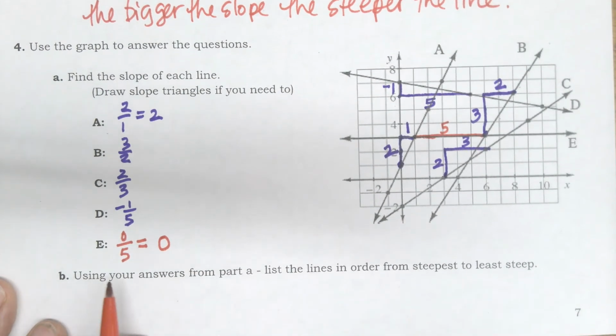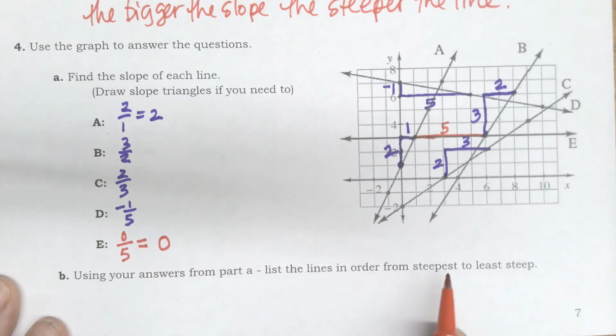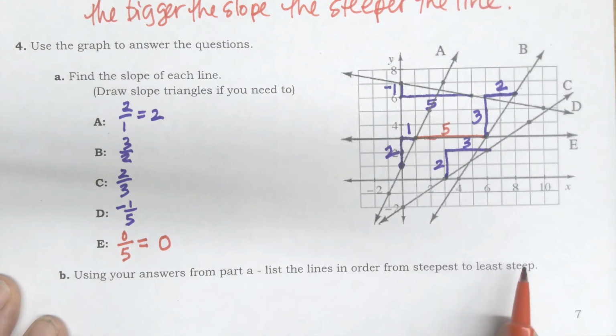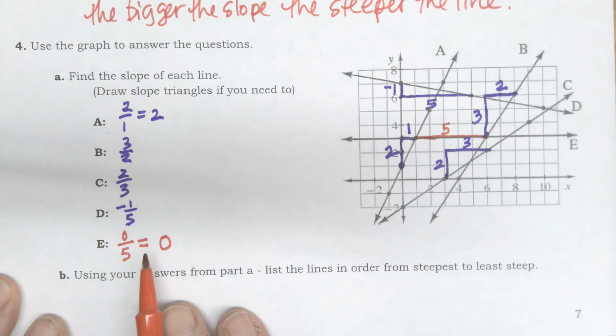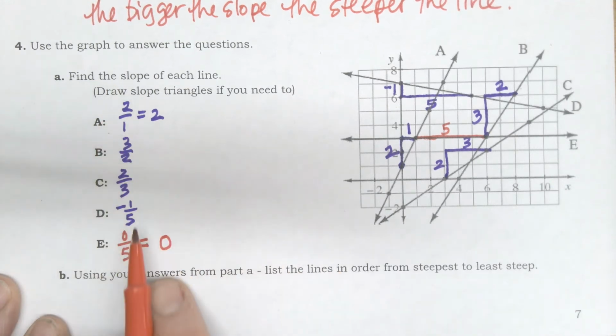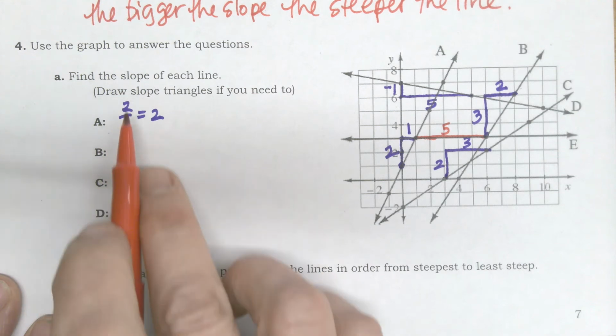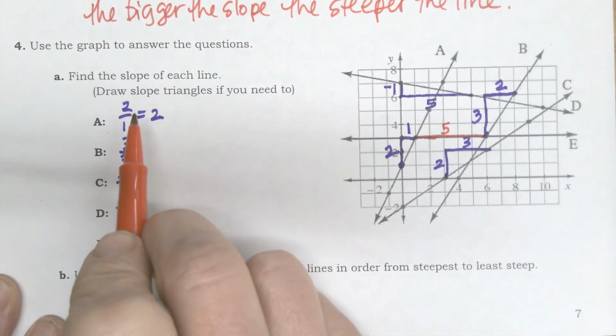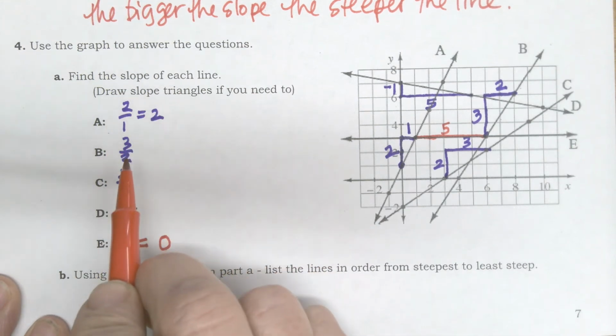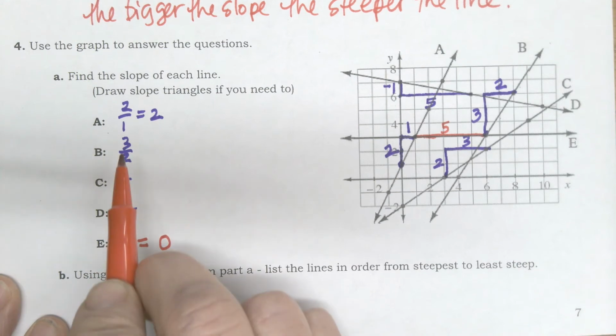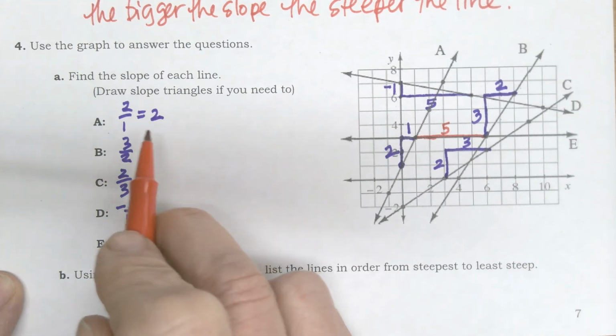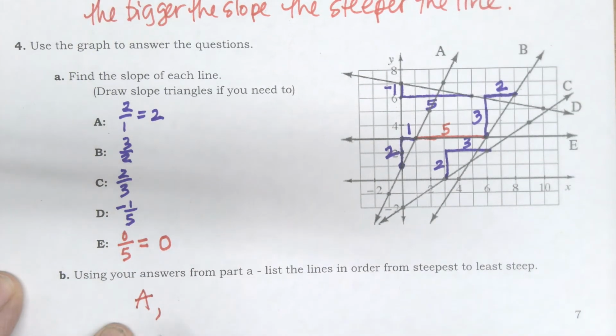And so now they're asking us to use the answers from part A to list the lines in order from steepest to least steep. Now the bigger the number, the steeper the value. So of these, which is the biggest number? I would say 2 is bigger than any of the other ones. So 2 is the most steep, so A is the most steep.